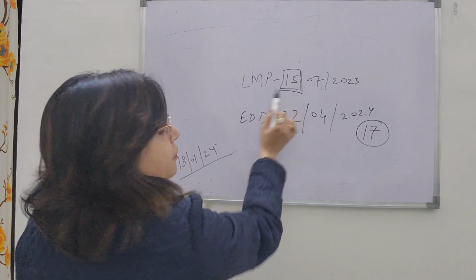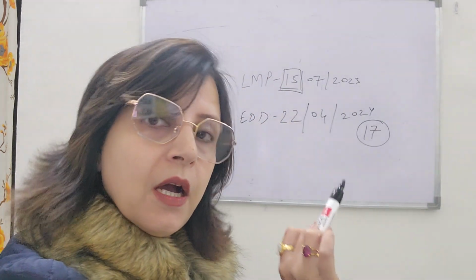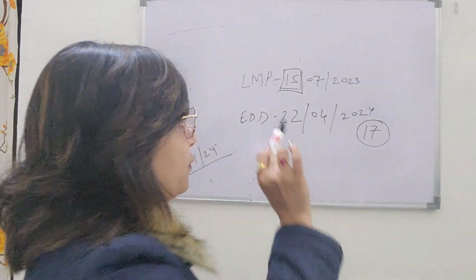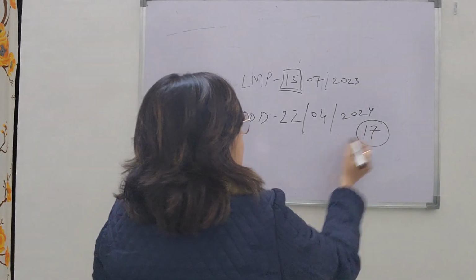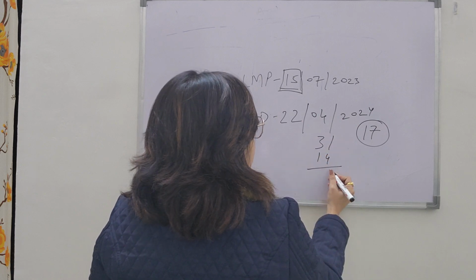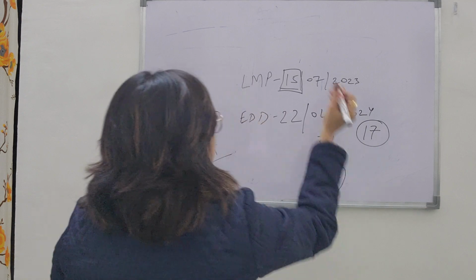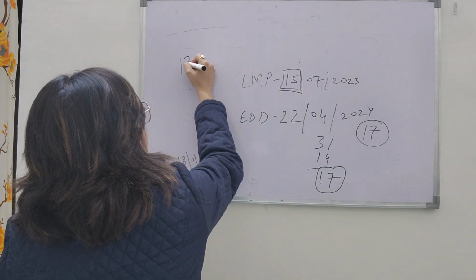We are calculating from 15th of July, so 14 days of July are already gone. So 31 minus 14, it would be 17. So 17 days of July we are calculating.